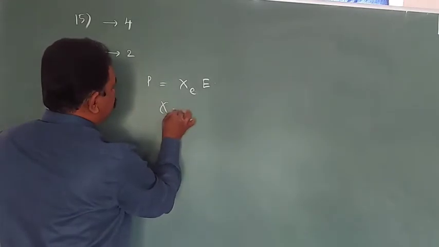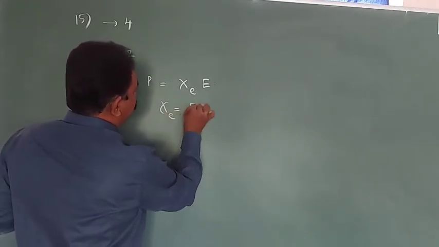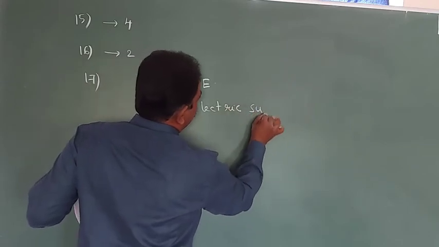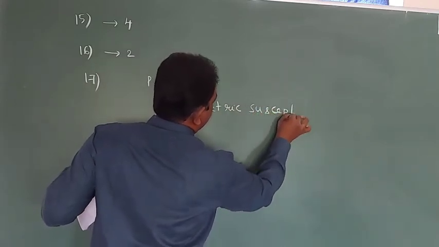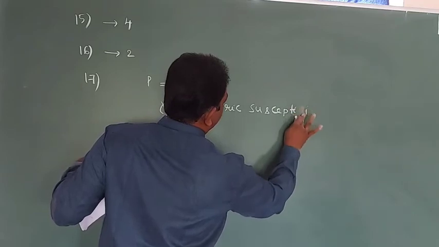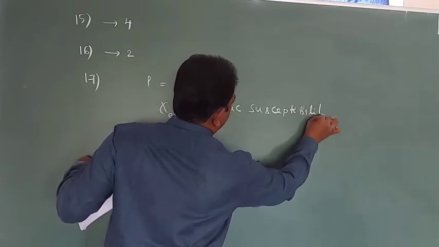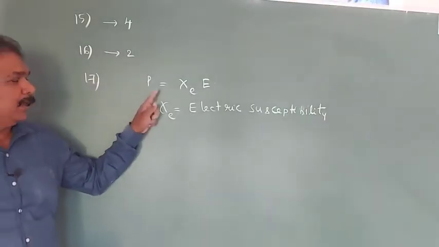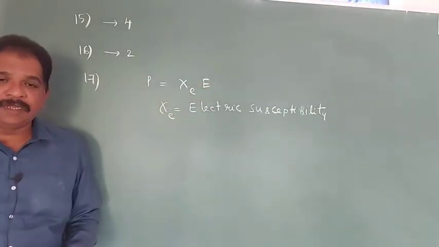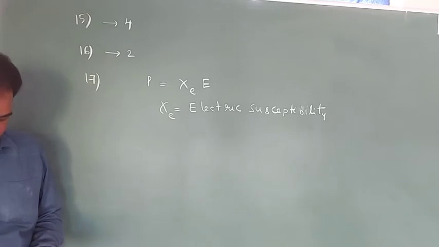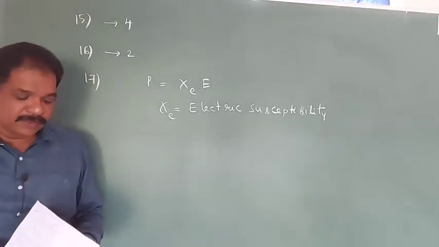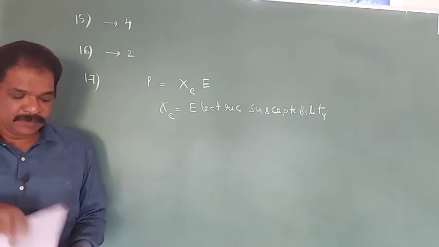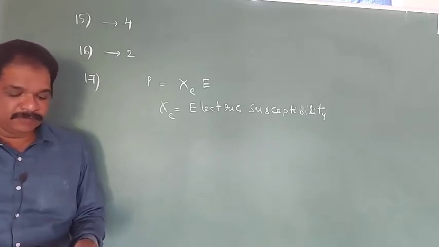P is the dipole moment per unit volume, and E will be the electric field strength. Okay, this is the formula.